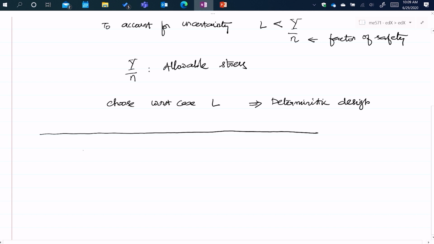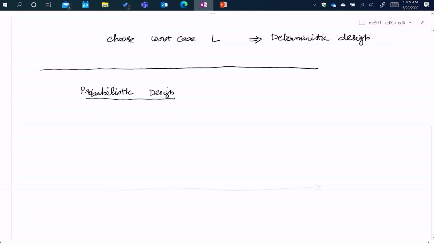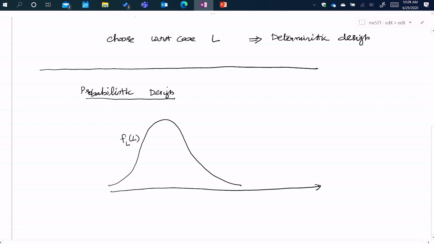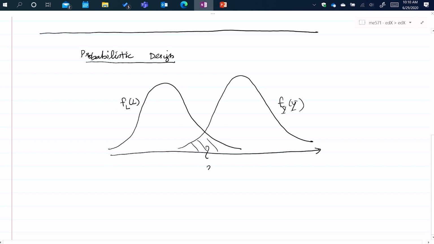And what we will do here in this course is probabilistic design. So we have a load distribution, which is F sub L of L, and a strength distribution, which is defined by F sub Y of Y. We have an at-risk population here, and we would like to figure out this at-risk population. We don't know what it is.